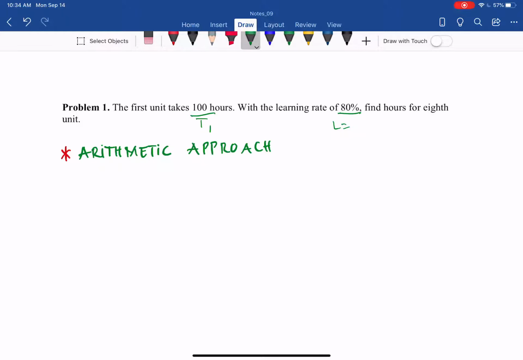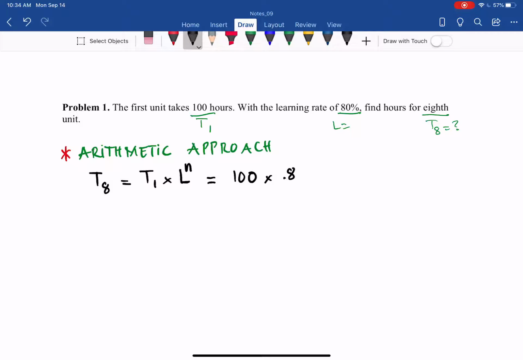The equation becomes T8. What is the 8th unit? As you can see, this is 8, so T8. We already know that it's T1 times L to the power n, where T1 is 100 hours, L is 0.8, and n is the number of times the count doubles.